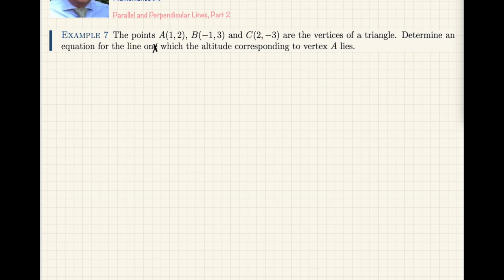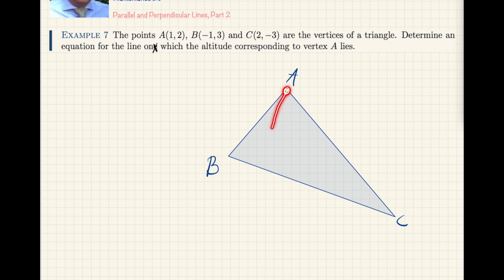So what does it mean? So you know that I draw and clean it. If you have any triangle, for example, say ABC, there are 3 altitudes. Altitude is a line segment that you start drawing from one vertex and draw a perpendicular line to the opposite side.